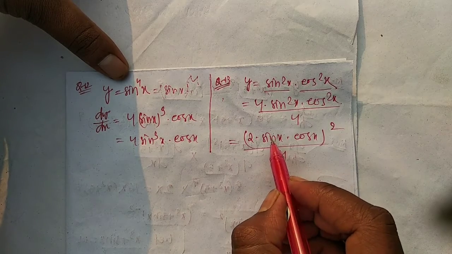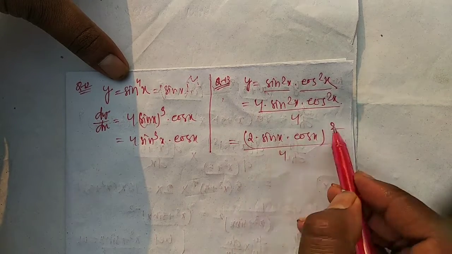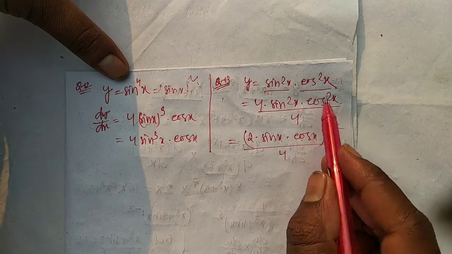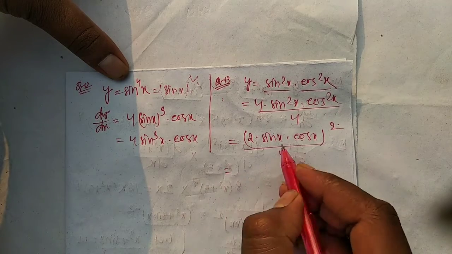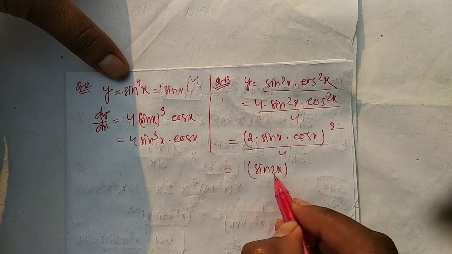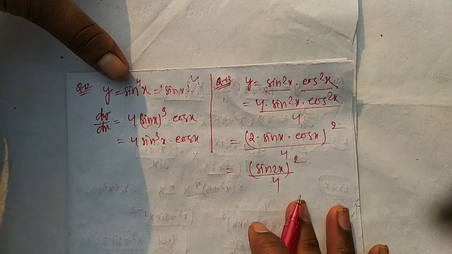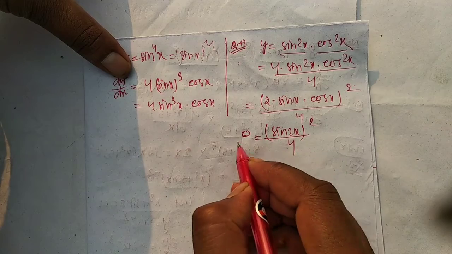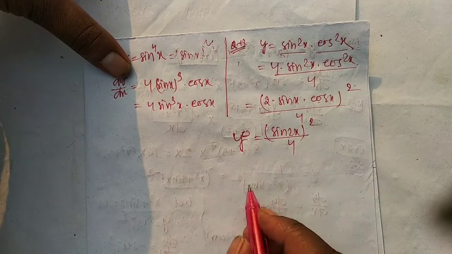Okay, so 2 square is 4, sin square x cos square x. Then this is the formula of sin 2x, whole square upon 4. Okay, so y is equal to this much.